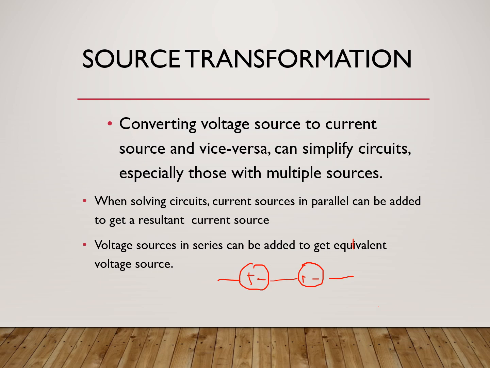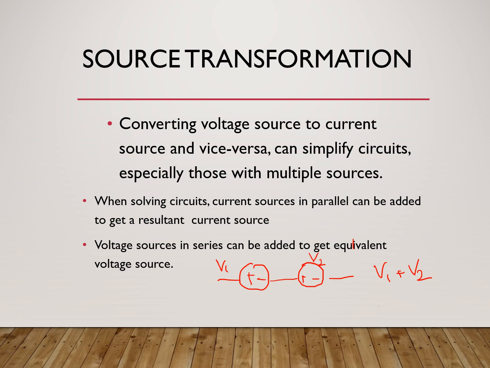This is negative and this is positive, so additive polarity. If this is V1 and this is V2, you get V1 plus V2. Or if the same signs are coming together, then you would have V1 minus V2 or V2 minus V1, whatever.